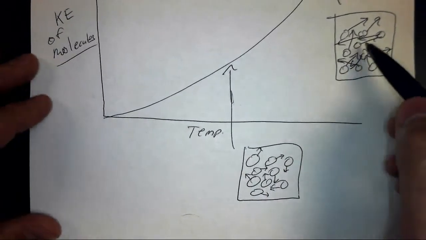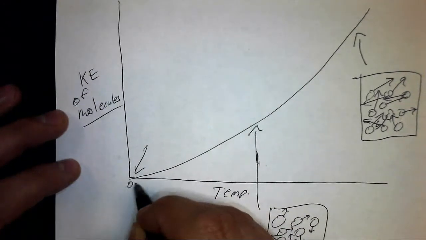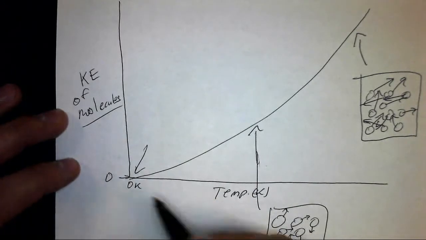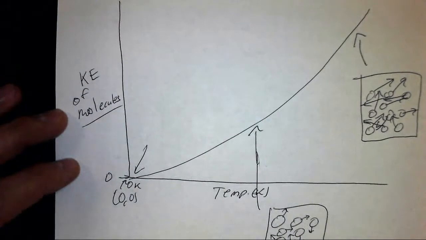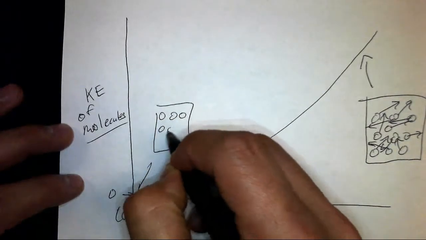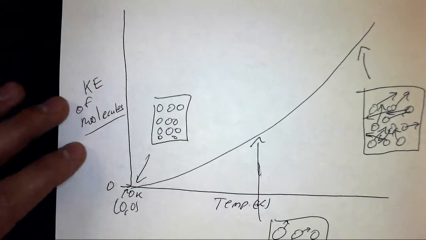And you can imagine what happens when we go all the way down to the absolute 0 point, 0 temperature. This is 0 Kelvin, rather, we should say. 0 Kelvin means zero kinetic energy. There is a 0 point right here. It has to be. These water molecules look like this. They are rigid. They are firm. They are not moving.